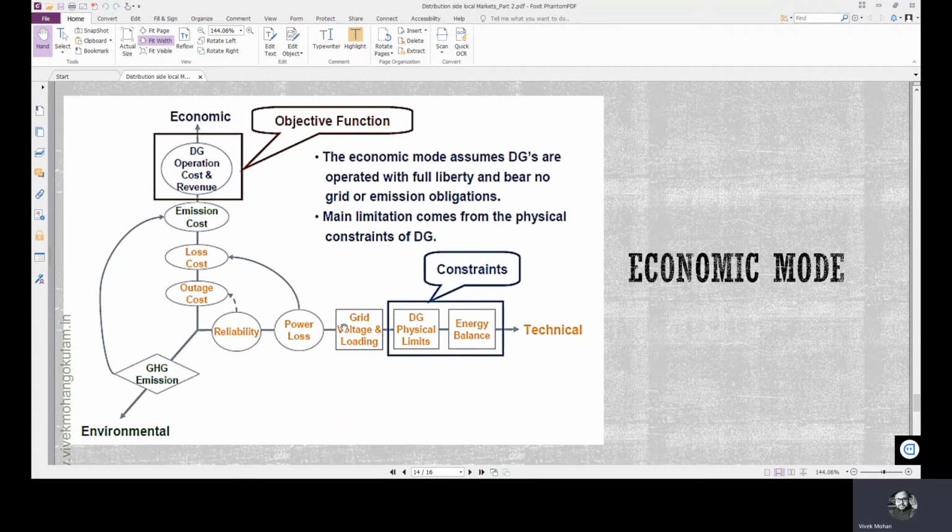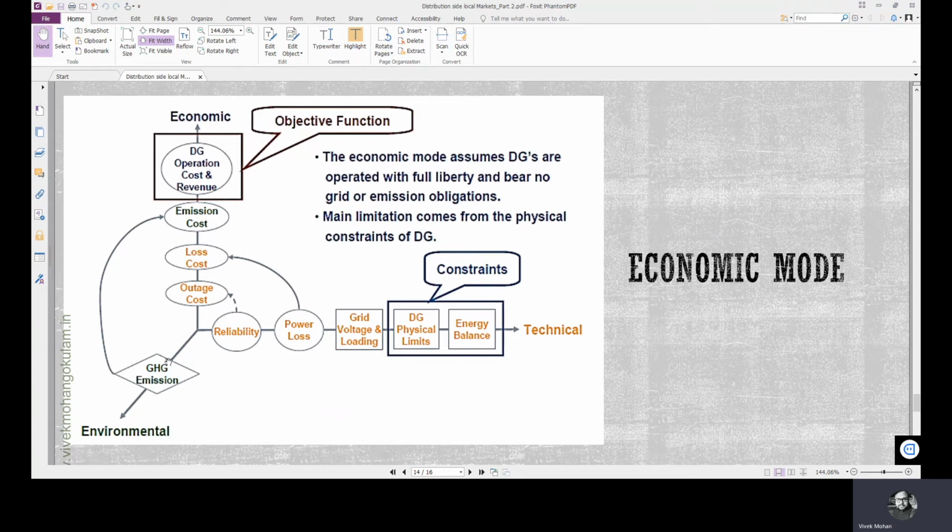Then here grid voltage and loading, as I said, voltage deviations can be included. Power loss, but power loss is not considered in the objective function, right? That is why I told this is just an economic mode. If power loss is an objective function, then minimization of power loss itself would be the optimization problem. And power loss is of course a function of different active power outputs of the distributed generators in the system.